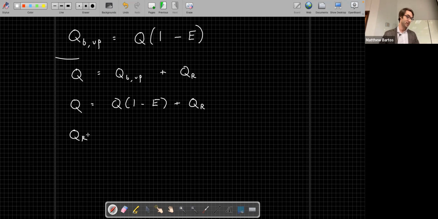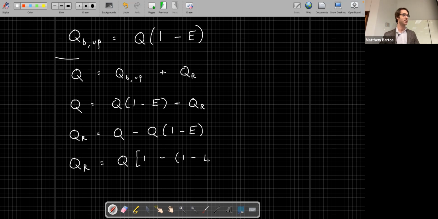So we get QR is equal to Q minus Q times quantity 1 minus E. Okay. And let's factor out the total discharge. We get that QR is equal to Q times quantity 1 minus quantity 1 minus E. Okay. And what does this evaluate to?